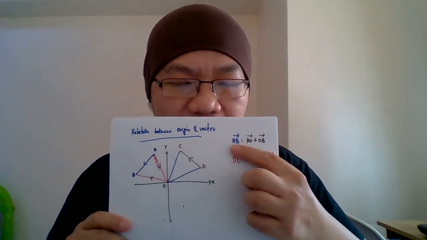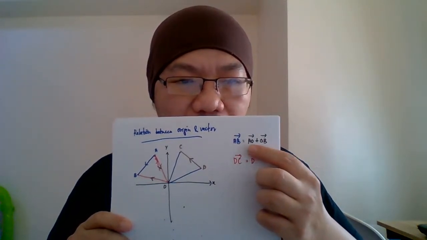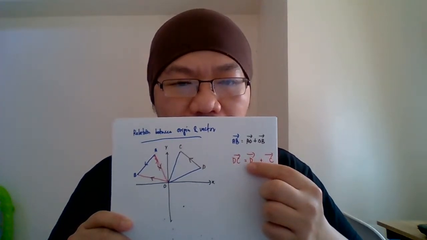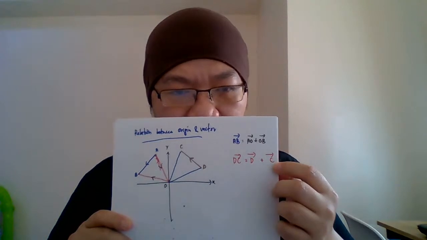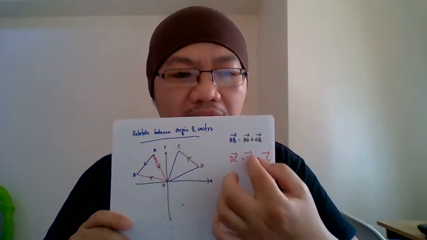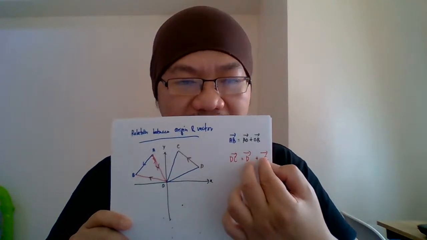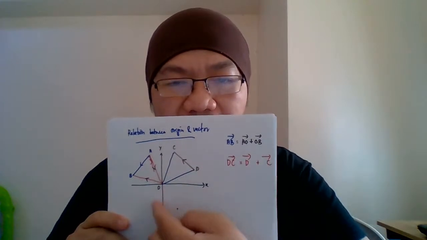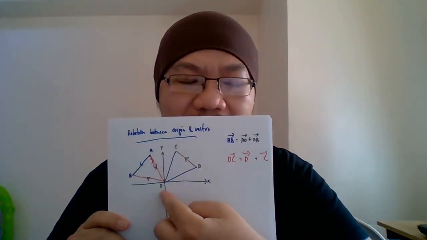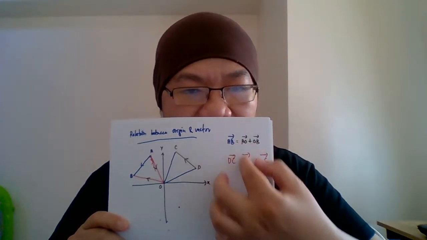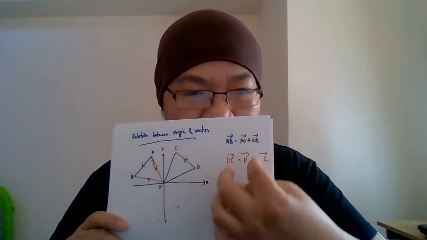Like my previous example, where AB equals AO plus OB, for my DC the starting letter must be D and the ending letter must be C. But what is the letter in front of D and behind C? It must be O, the origin. Both letters must be the same so that they can cancel each other.